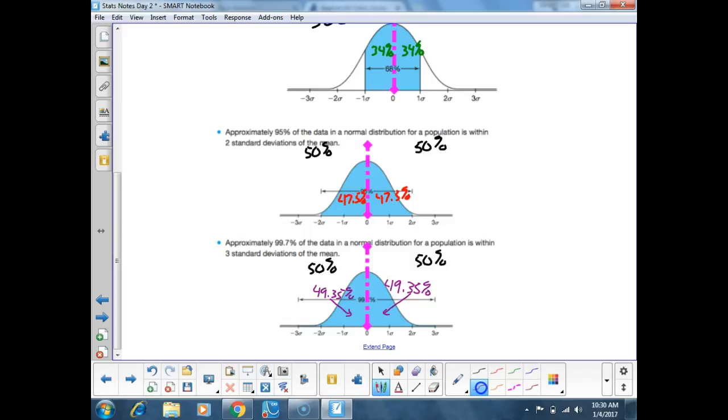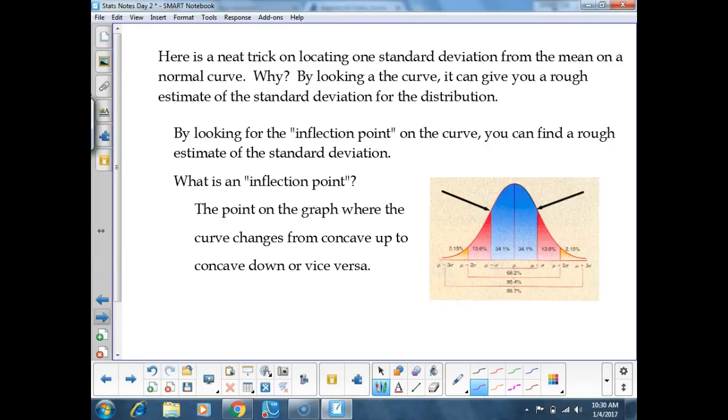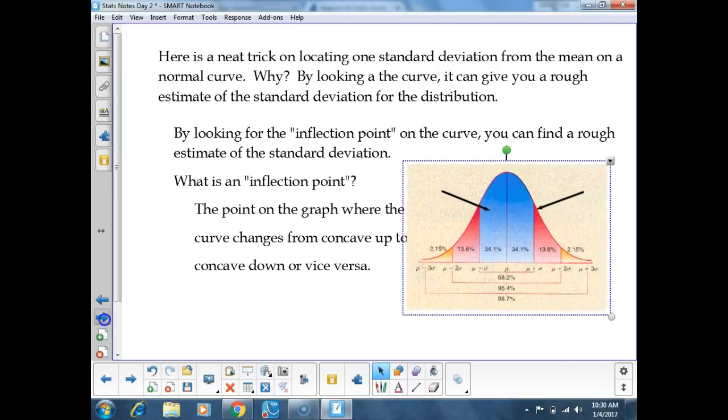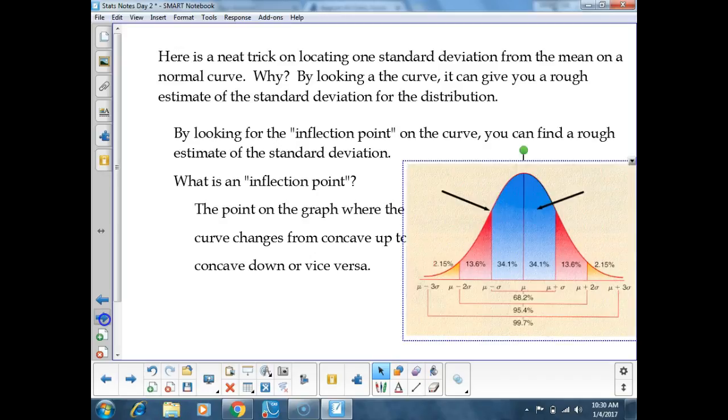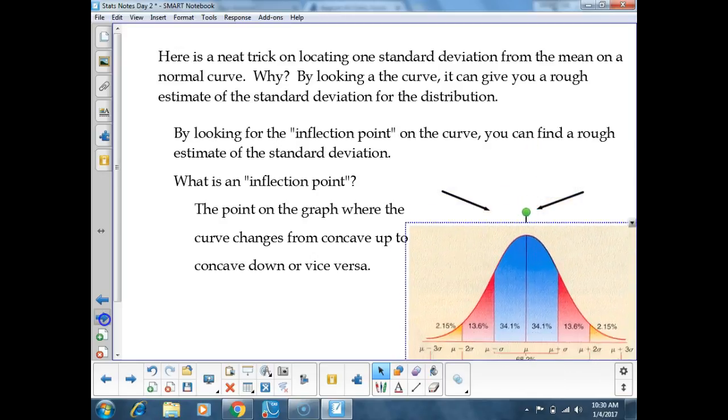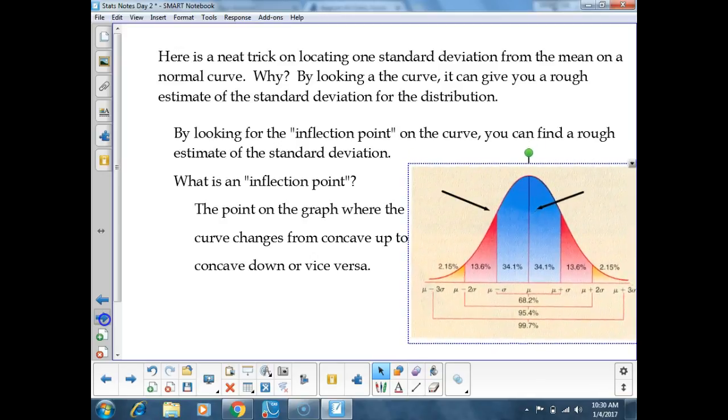Okay. Now, if we put all of those together onto one curve, we get this breakdown. Maybe I can make this a little bit bigger. Okay, so then you get this as a breakdown. Oh, that's my inflection points.